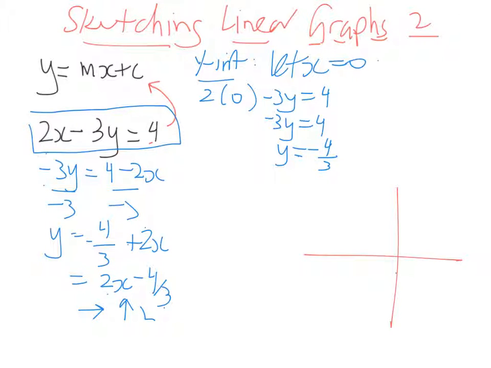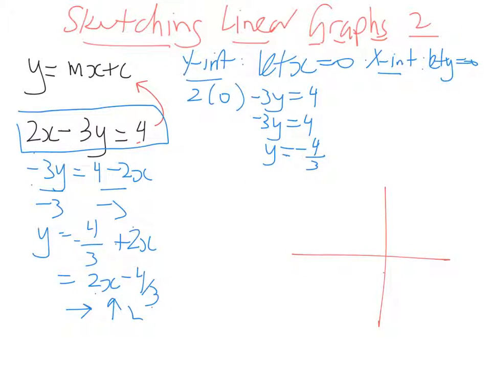So we found the y-intercept, now we find the x-intercept. So we put a little heading, we write x-int, let y equal 0. So we're letting y equal 0, so we're going to have 2x minus 3 times 0 equals 4.